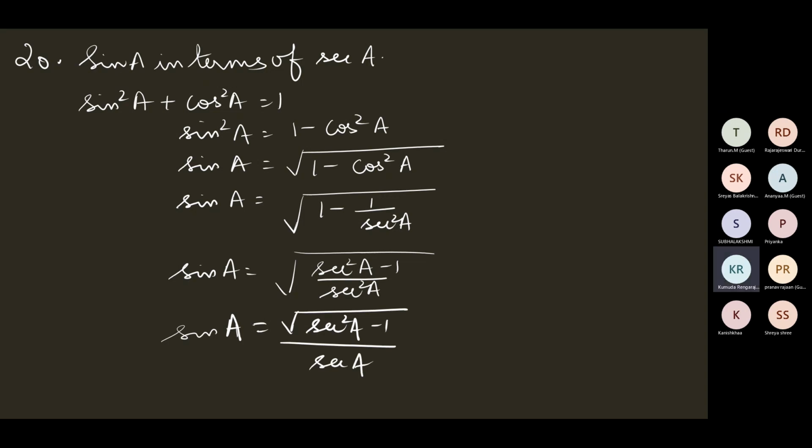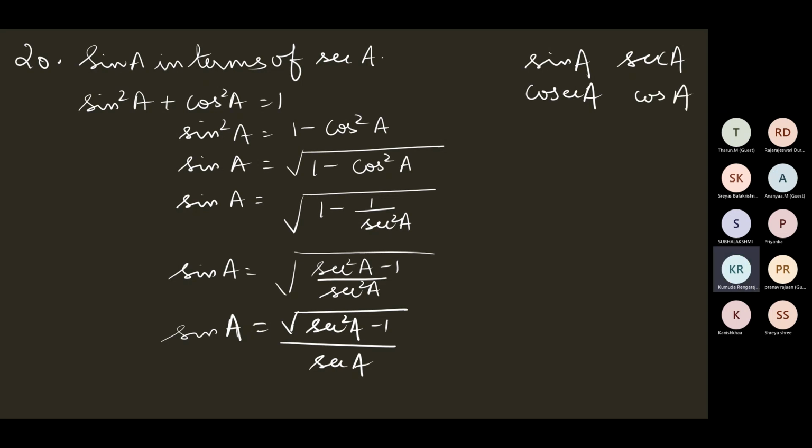You need to write sine A in terms of secant A. You'll have to express sine A using secant A. So just pick any relation that connects either sine and secant or their reciprocals also. To bring a relationship between sine A and secant A, you can choose any identity that connects either sine or cosecant with secant or cos.